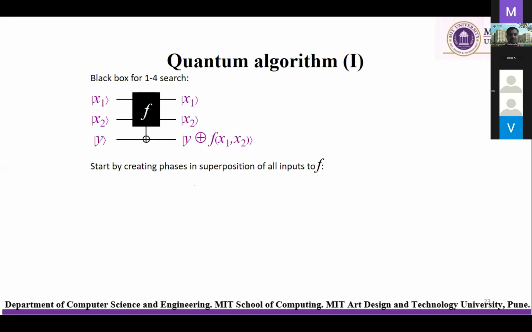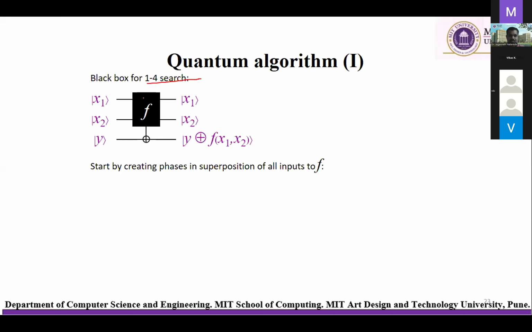So this is the general black box for the 1 out of 4 search given here. But before this Uf function, there will be first and second Hadamard gates. Here again, there will be third and fourth Hadamard gates, and then we can take the measurements.